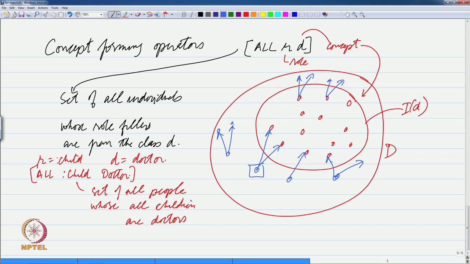So, this must belong to the set, this must belong to the set, and there is no other person whose all children are doctors, but there are people who do not have children. So, they must also belong to the set. Remember that universal quantification, that if you do not have a child, then you can say all your children are doctors essentially. So, everything which is in the square bracket is this set here.